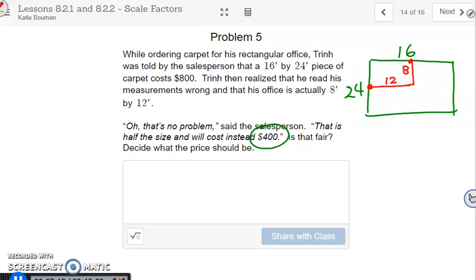So it's not going to actually be half of the cost because this area here is not half of the original room. It actually is 1/4. So the cost of this carpeting should be $200 or 1/4 of the $800.